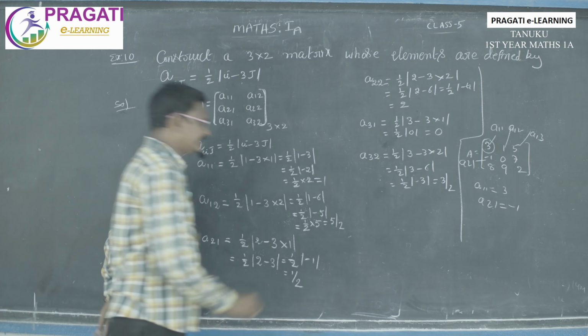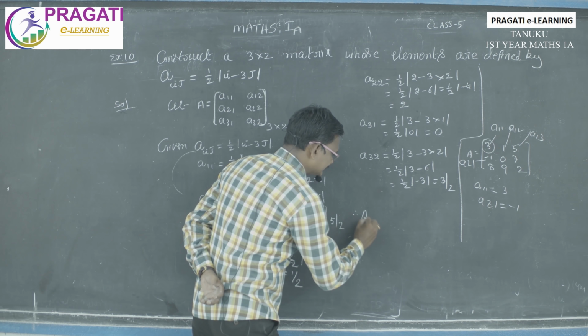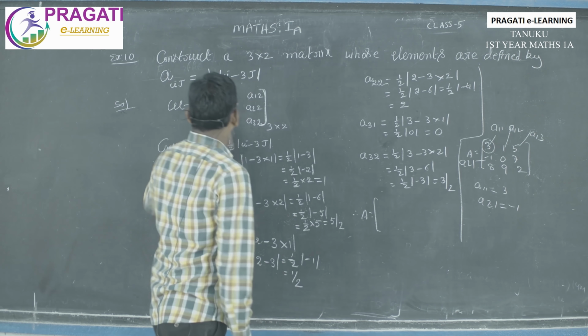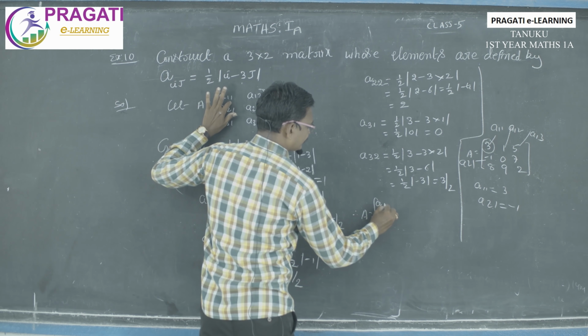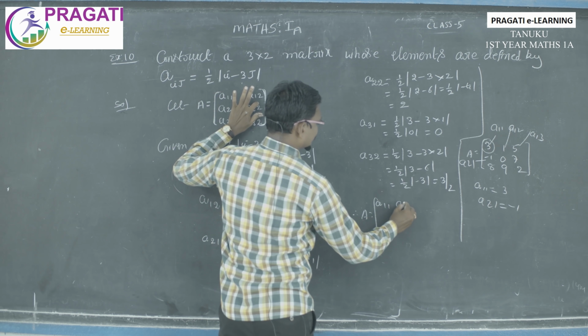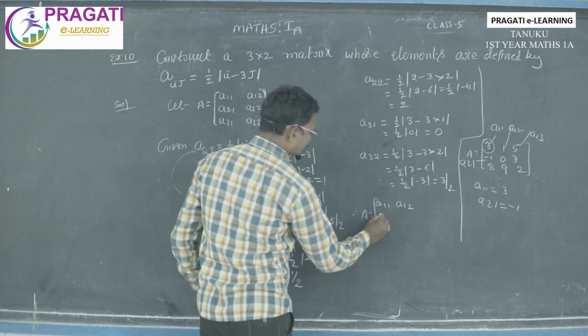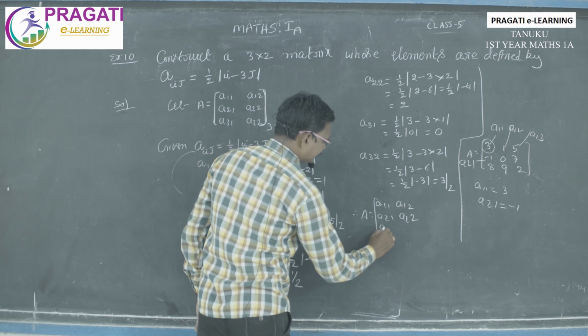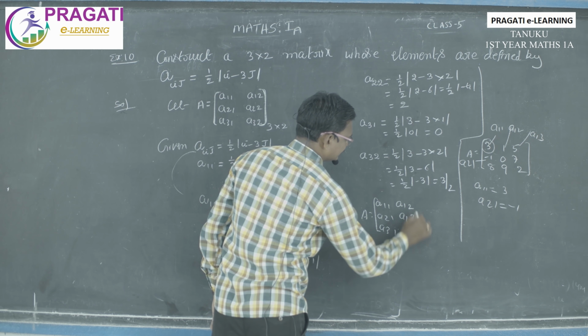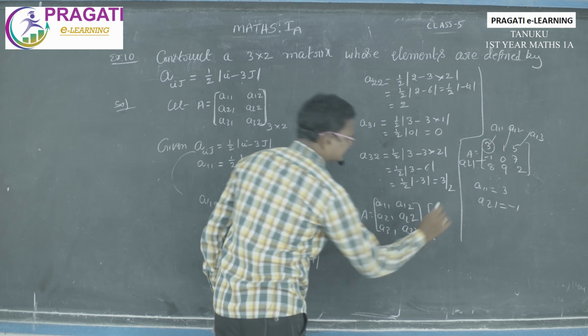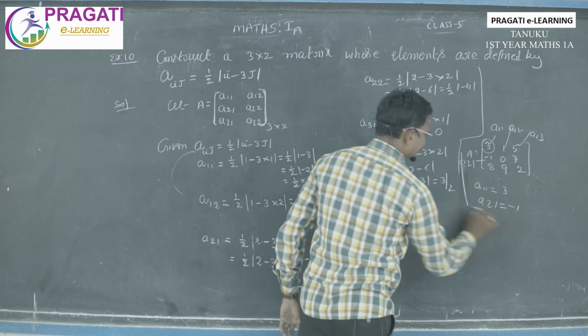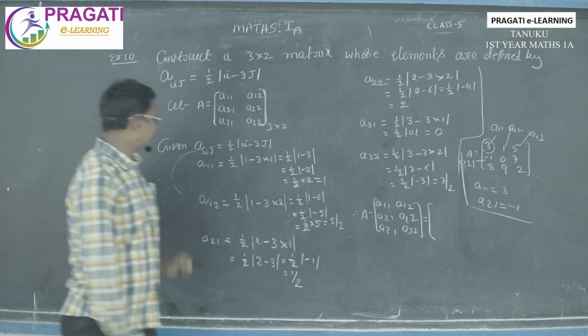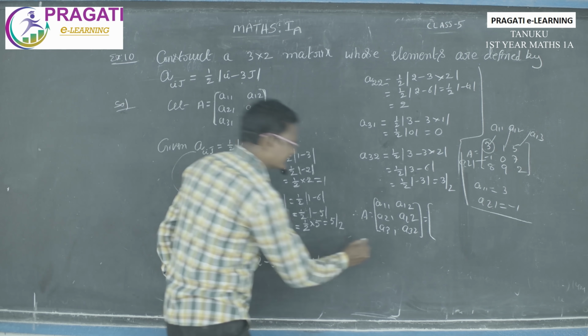So at last, therefore, A is equal to A11, A12, A21, A22, A31, A32. So write all these values. A11 value is only 1.